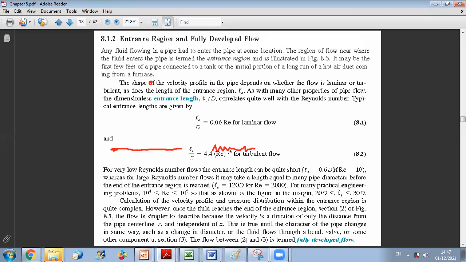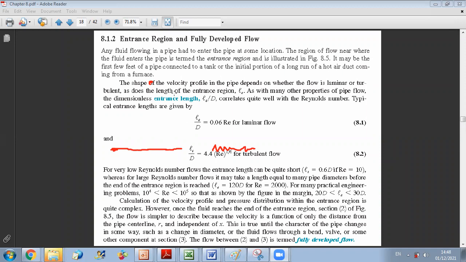Now, any fluid in a pipe had to enter the pipe at some location. The region of flow near where the fluid enters the pipe is termed the entrance region and is illustrated in the figure. It may be the first few feet of a pipe connected to a tank or the initial portion for a long run of hot air duct coming from a furnace.